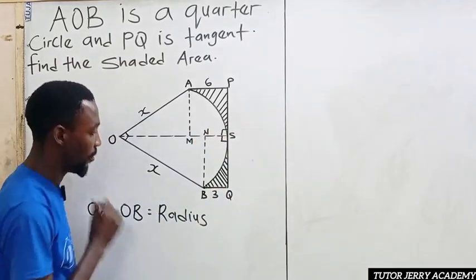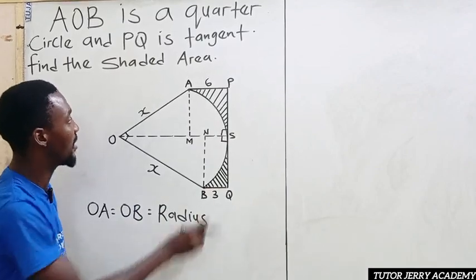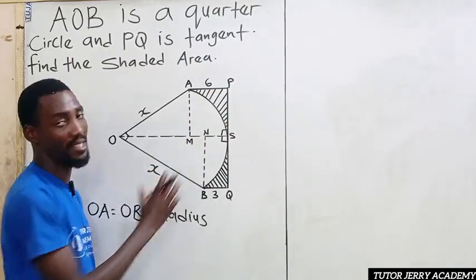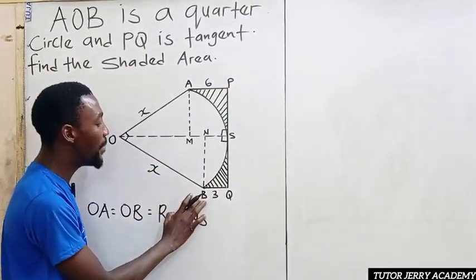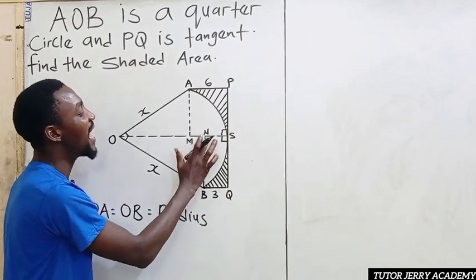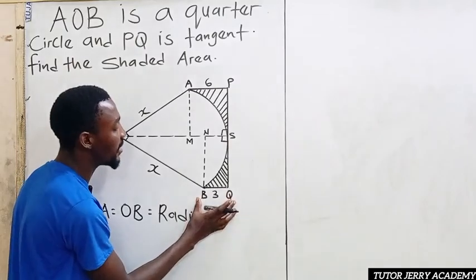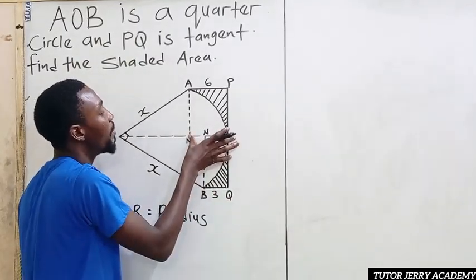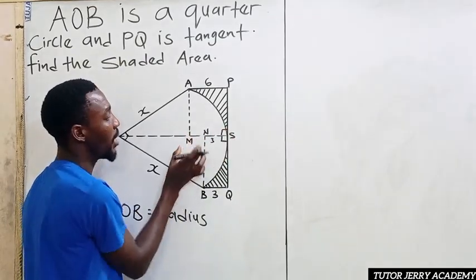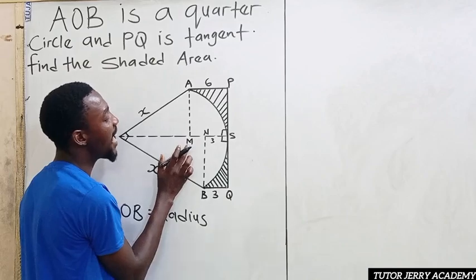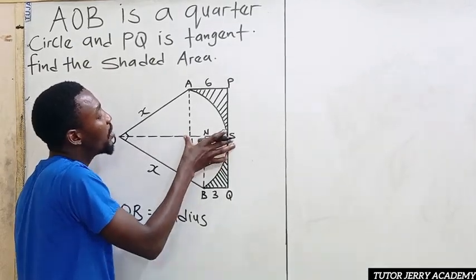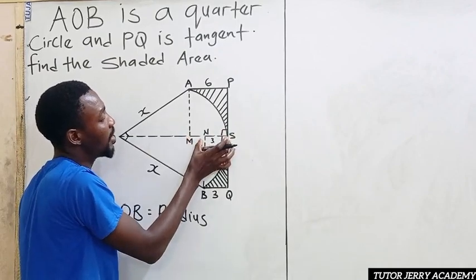Now, if you look at this, you will observe that line AP is equal to line MS, and line BQ is equal to line NS. So if this is 3, it means this other one is also 3, and this whole length here is 6. So for us to get MN, we know this full length to be 6 and this part to be 3.